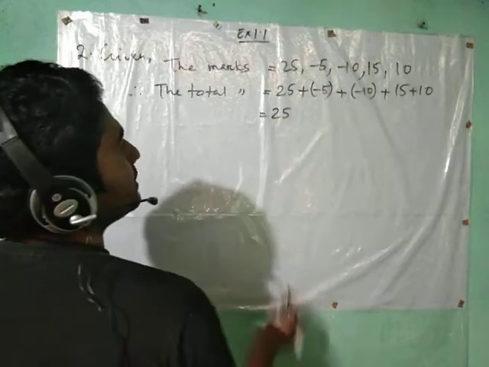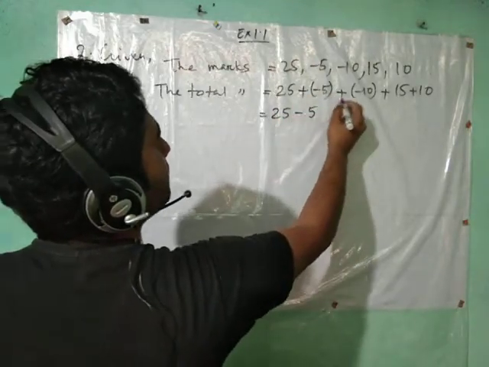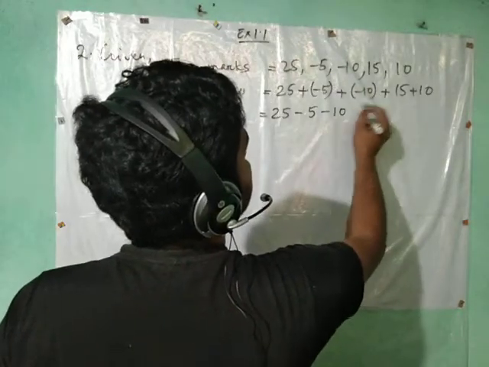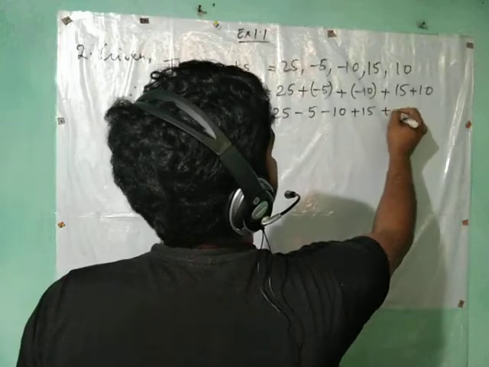Now plus into minus, how much do you get? -5. Okay, now plus into minus, how much do you get? -10. So -10 plus 15 plus 10.